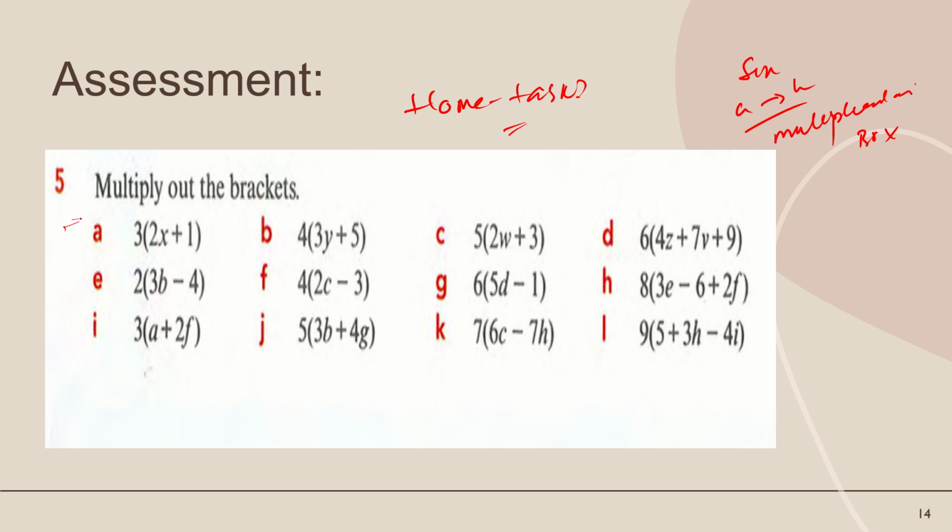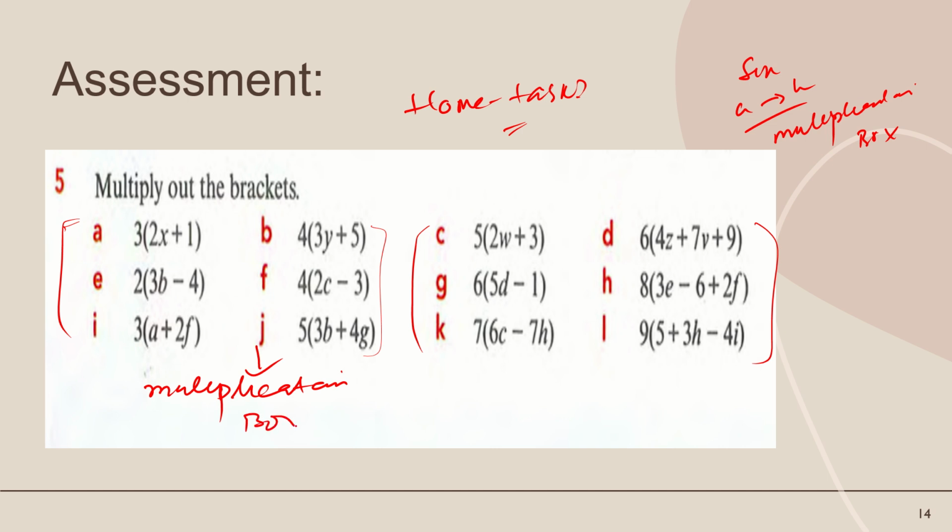It's up to you, for example, these questions solve by multiplication box, and solve these questions by multiplication arcs. I write this one: solve A to J by multiplication box, and solve the rest of the questions by multiplication arcs. It helps you to practice both methods.